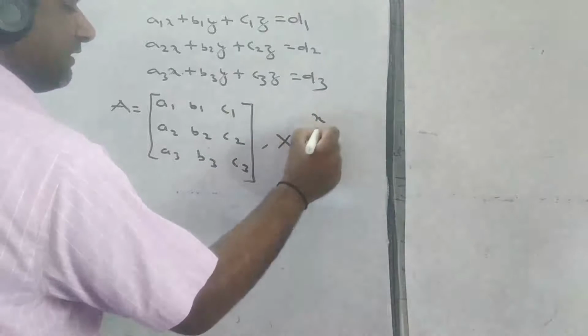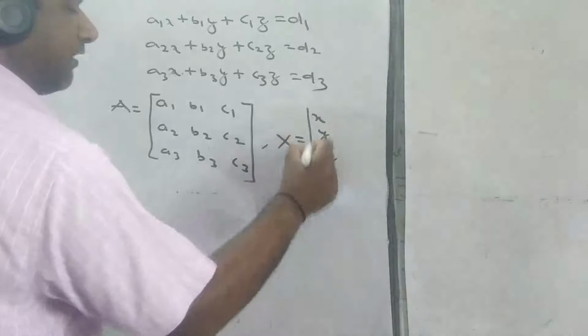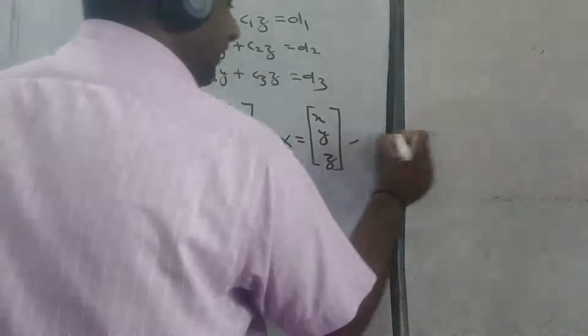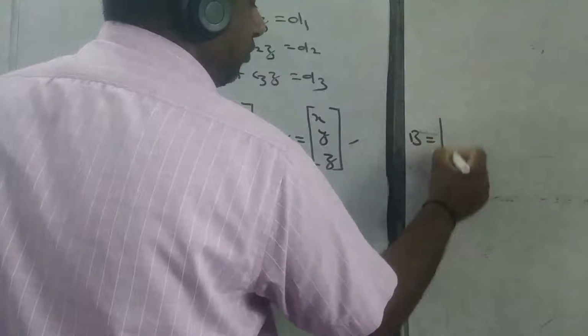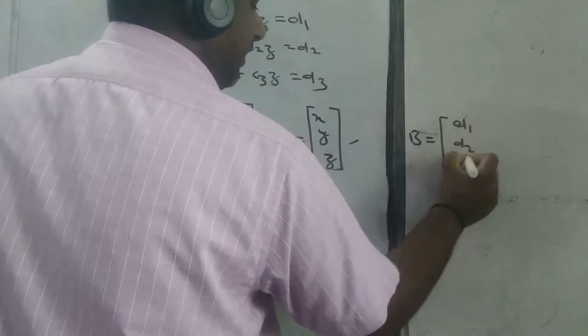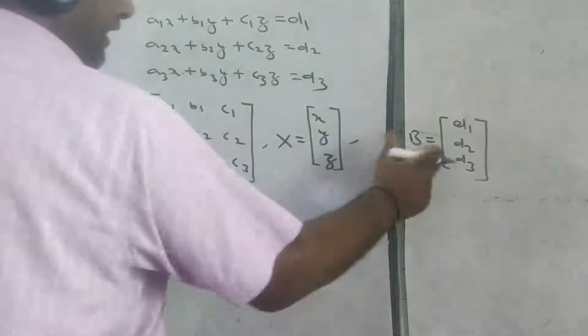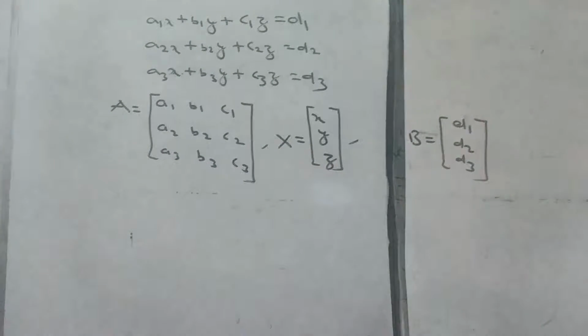Capital X is the matrix of variables x, y, z, and capital B is the constants d1, d2, d3. That is what I mean by capital A and capital B.